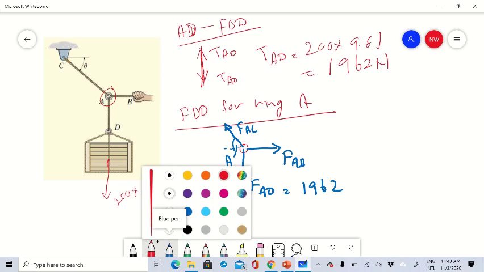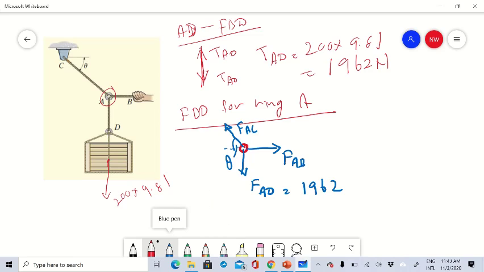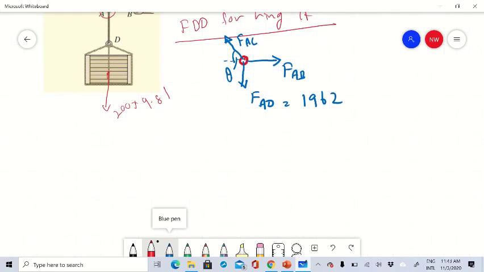This is the free body diagram for this ring. Now we write the equilibrium equations. If this is our positive x direction, sigma Fx should be equal to 0, since the ring at A is in equilibrium, and sigma Fy should also be equal to 0. What are the forces in the x direction?